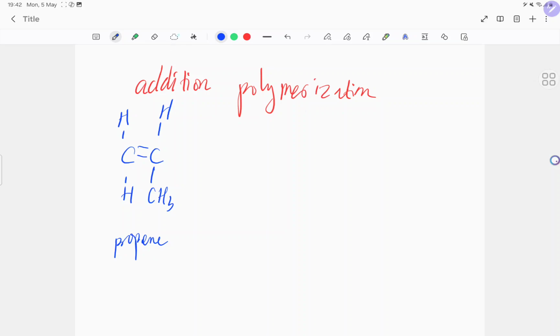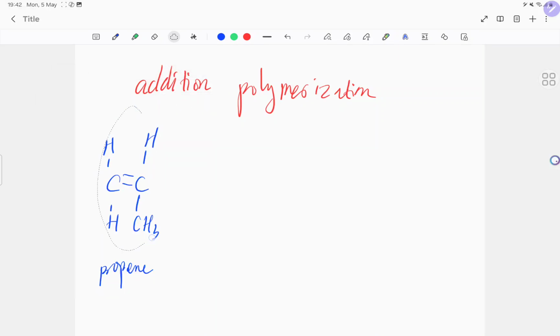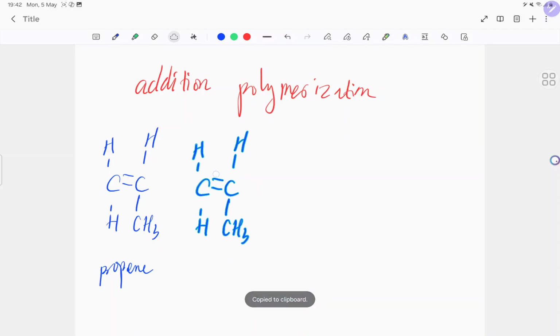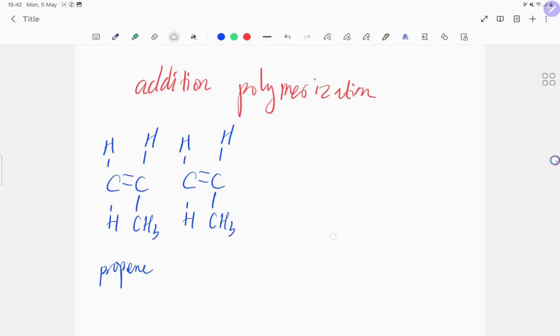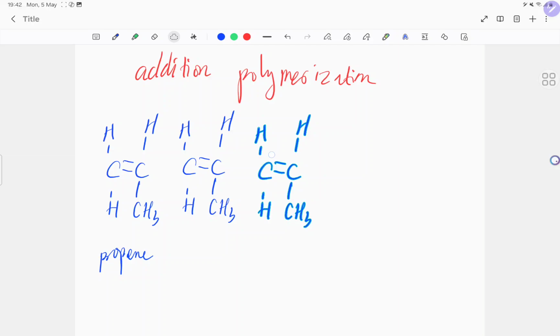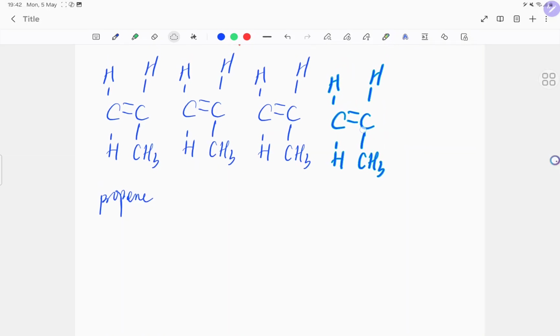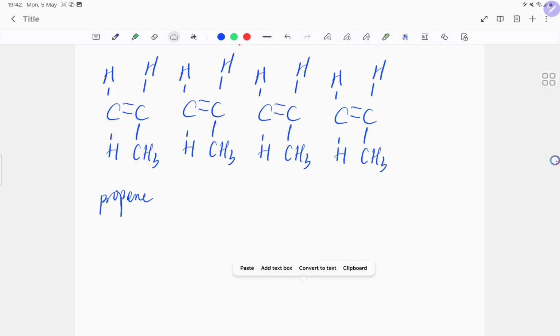And let's say you've got lots of propene. Not just this one, but two of them. Then this one, then this one, and then this one.